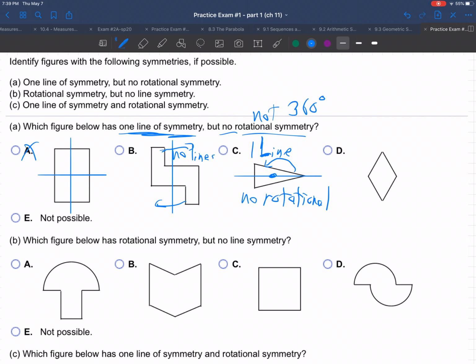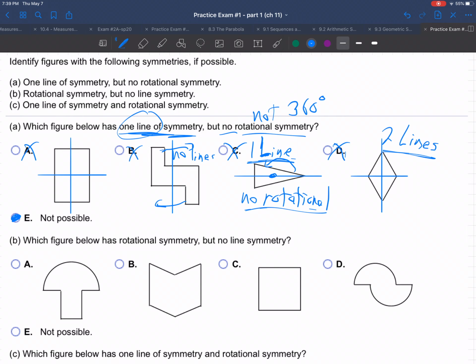Well, how about part D? D has two lines of symmetry, so it also fails, right? B failed, C failed. It had one line but no rotational. And D fails because it has two lines. It's supposed to have one line and no rotational. So this is not possible.